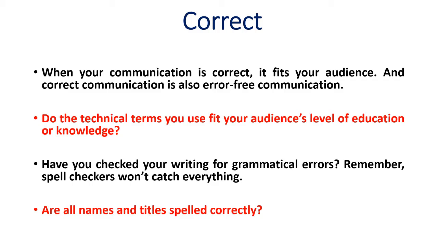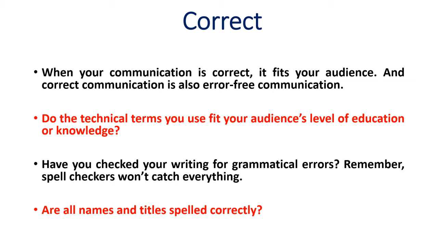Another in the list of the 7 C's of communication is correctness, that is, correct. When your communication is correct, it fits your audience, and correct communication is also error-free communication. Today every person is so much aware due to the internet and globalization that you cannot exchange a wrong message with anyone.